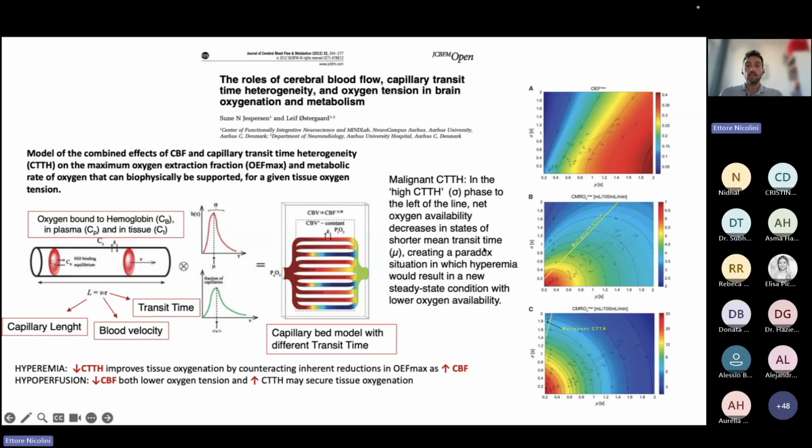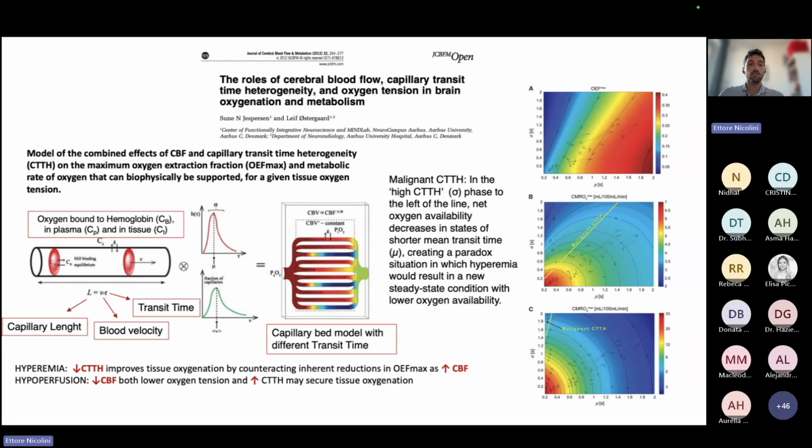They also tested the effectiveness of this model using already existing data from the literature from in vivo models, which had oxygen extraction fraction data and cerebral blood flow data, and showed that this model was actually effective in predicting the oxygen extraction fraction.